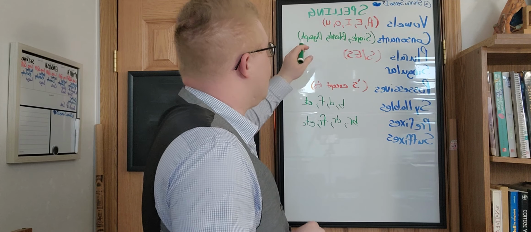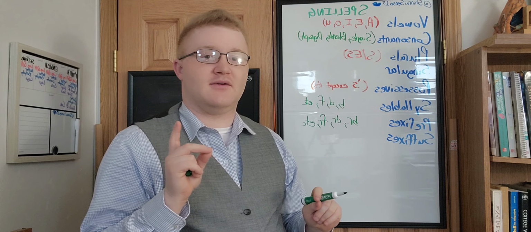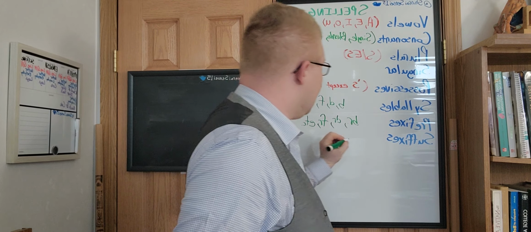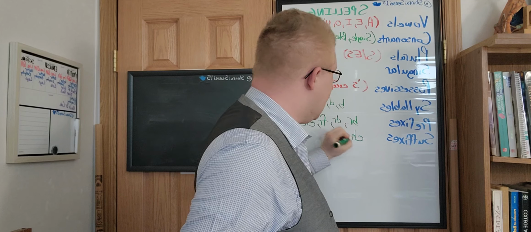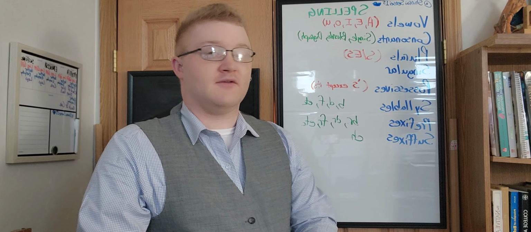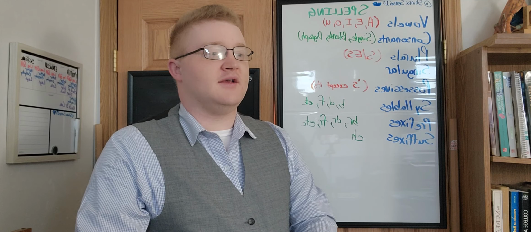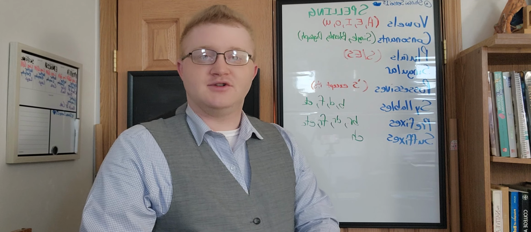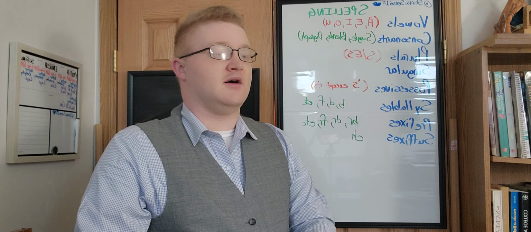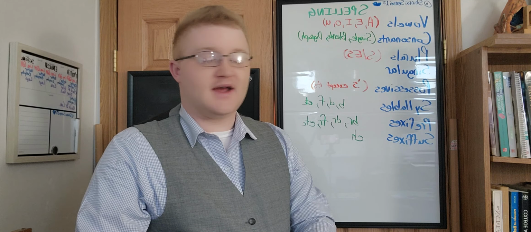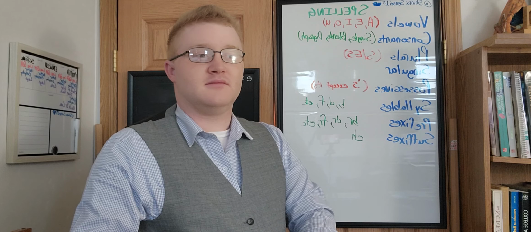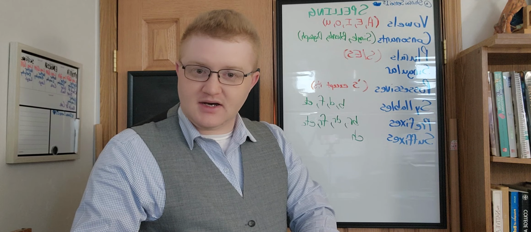Whereas the digraph is just making one sound out of two letters. So the digraph would be like CH, which in the front of a word is usually going to be a ch sound, like chair, chase, cheer, stuff like that. But at the back of a word, it will often have like a k sound.